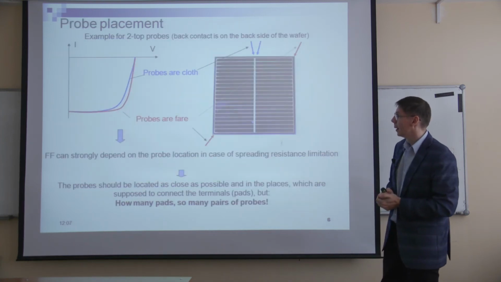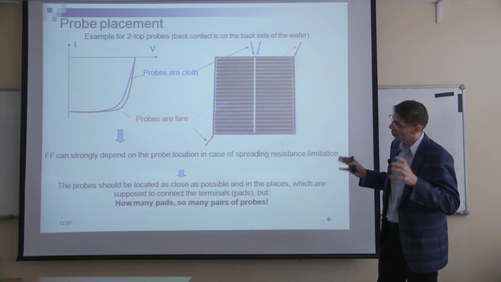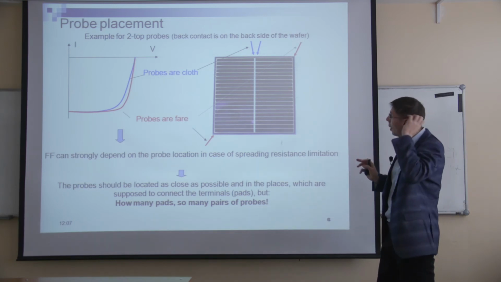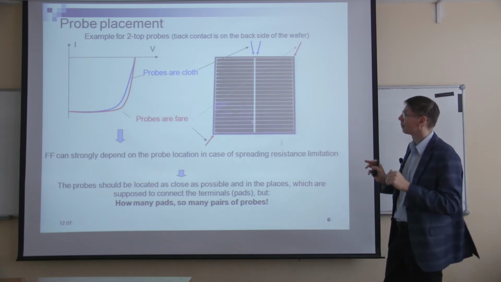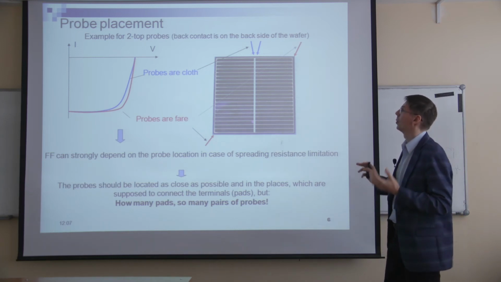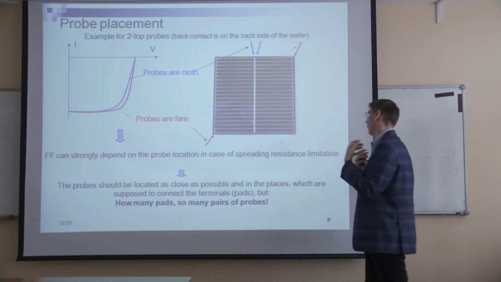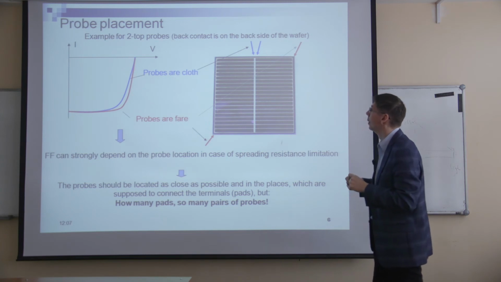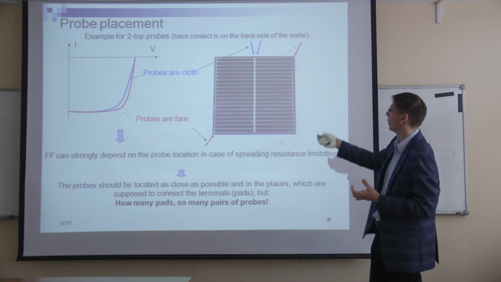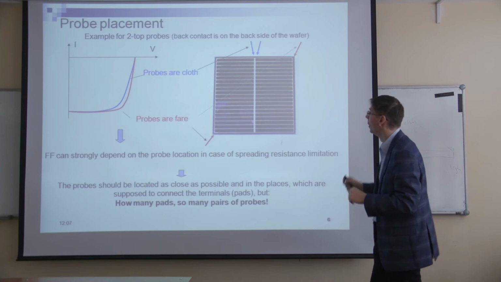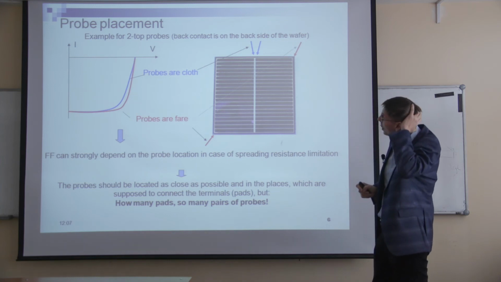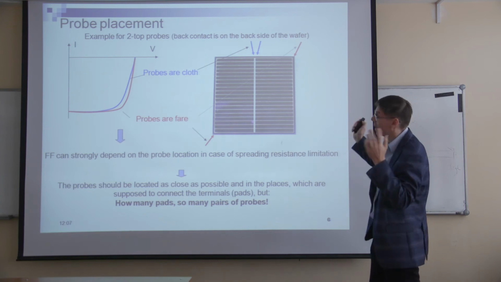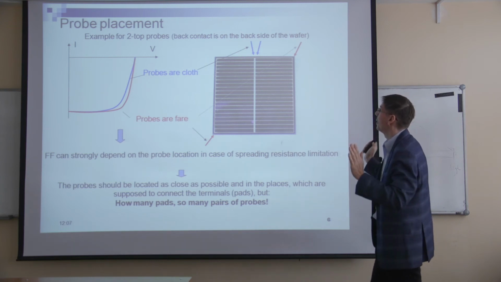So, okay. So now we know that we have to use 4-point measurement, but if you want to place, for example, 2 tips on the top side of the solar cell with a design like this, we can ask the question where to place the probes. So, for example, 2 limiting cases.